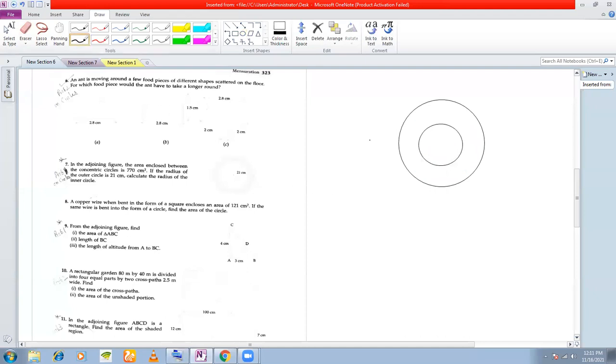Okay, this is the figure, and this is the common center of both the circles.